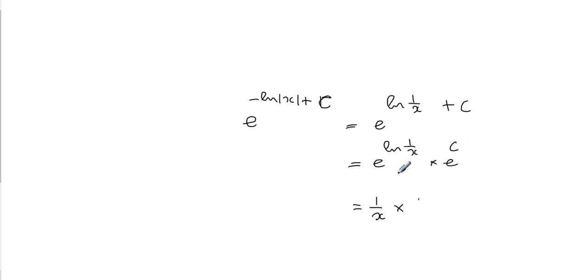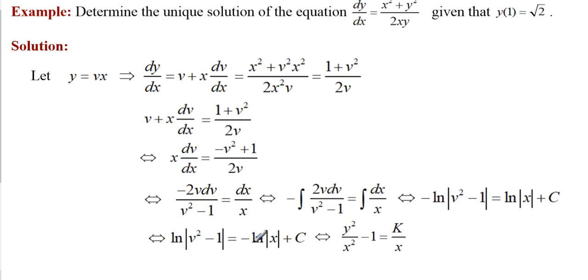E is the inverse of ln. We'll get here 1 over x multiplied by k, we simply can write as k over x. So that expression ends up being v squared minus 1 equals k over x.